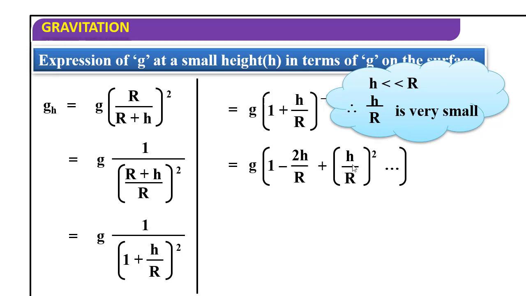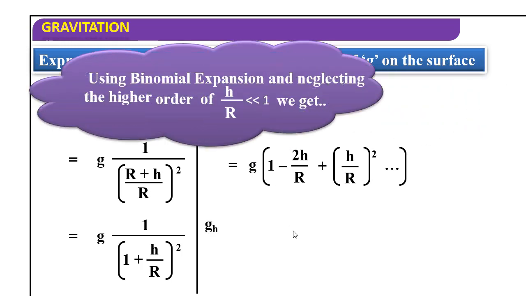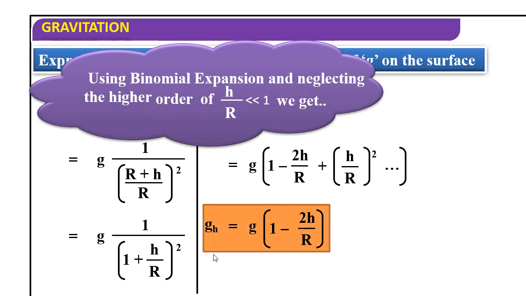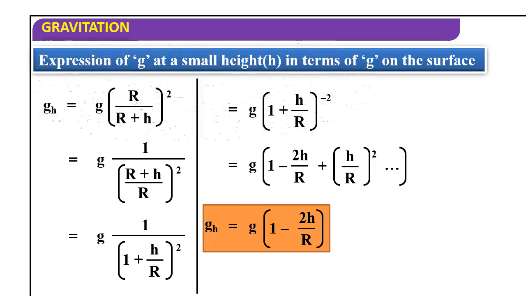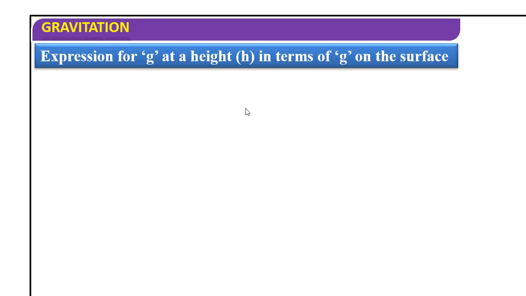So we can neglect these terms and this is the term we will consider: 1 minus 2h by R. This is the formula. The value of g decreases with the increase of height by a factor 1 minus 2h by R. So even if you are going upward, the value is decreasing.